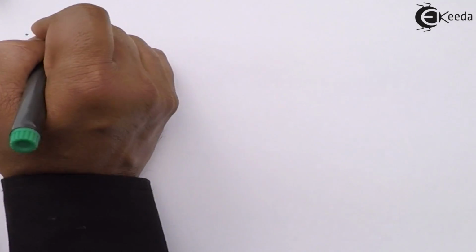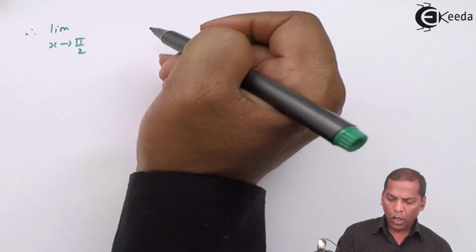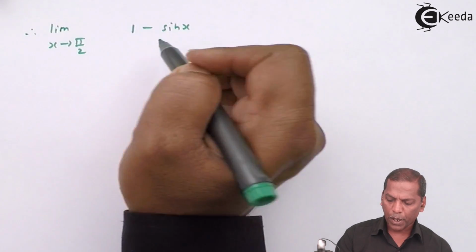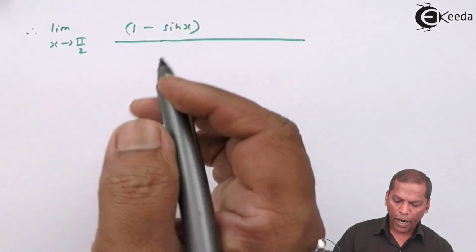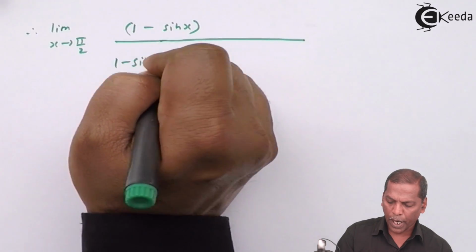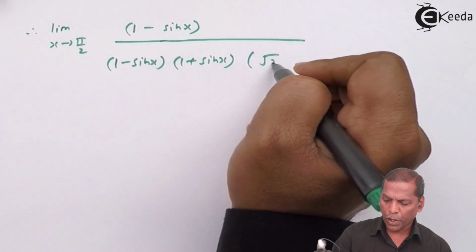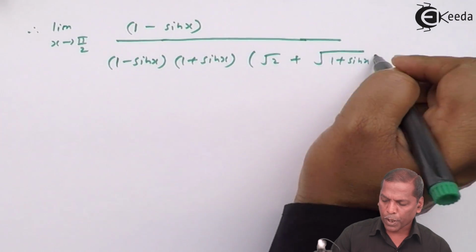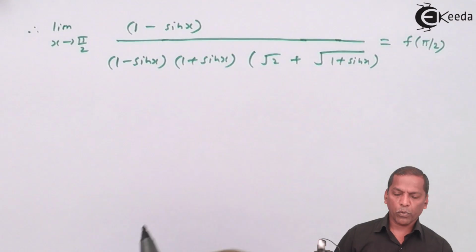Now on simplifying further, we get limit x tends to pi by 2. Now 2 minus 1 gives 1 minus sin x in the numerator, and the whole thing is divided by 1 minus sin x into 1 plus sin x into root 2 plus square root of 1 plus sin x, and that is equal to f of pi by 2.